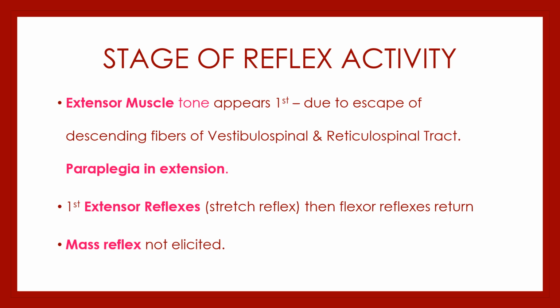Both these tracts mainly reinforce the activity of the extensor motor neurons. Because of comparatively higher tone in the extensor muscle, there will be paraplegia in extension, and extensor reflexes return first. So this can be elicited in this stage.